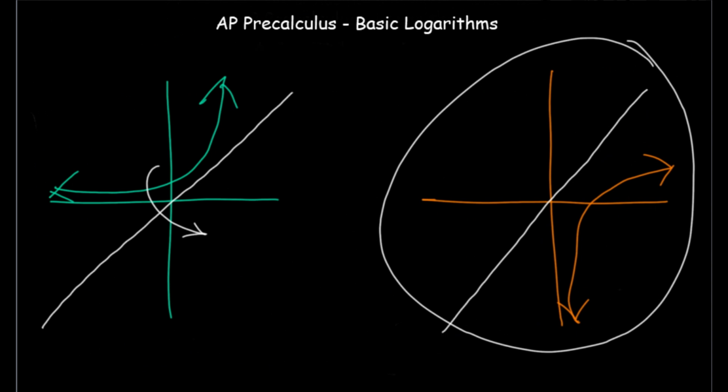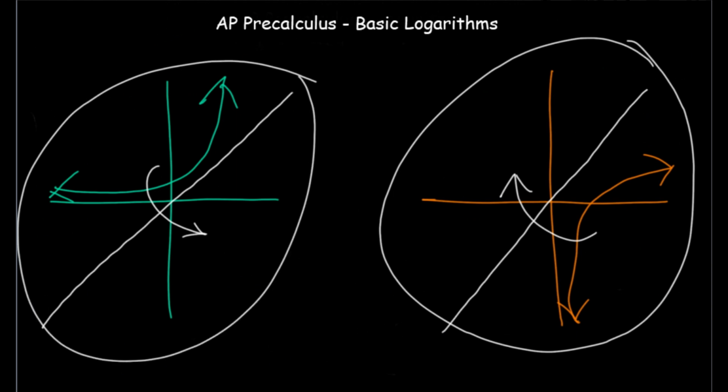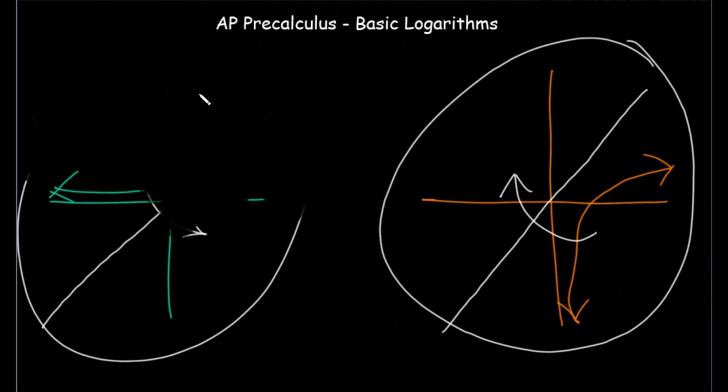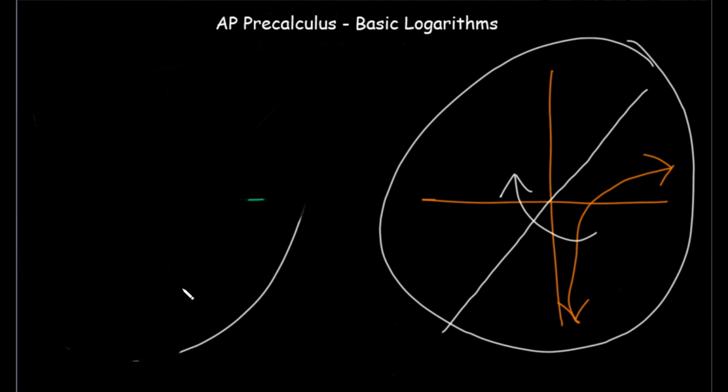Similarly, when you reflect the logarithmic graph over y equals x, like this, you will get this graph. So that's the relationship between the two. They're inverses of each other, just as subtraction is the inverse of addition, and division is the inverse of multiplication. So those are just the basics of logarithms.